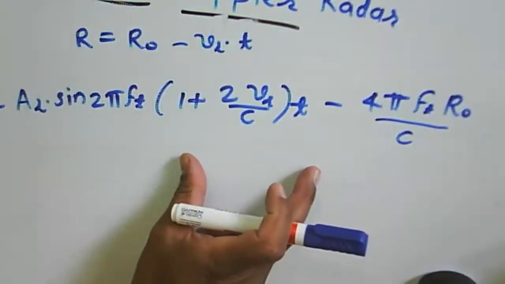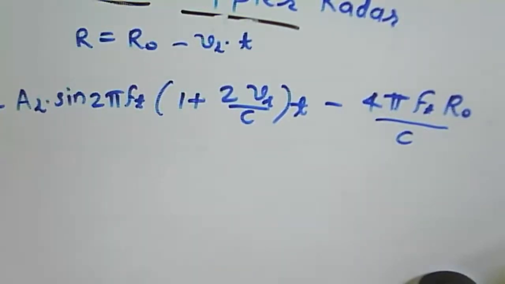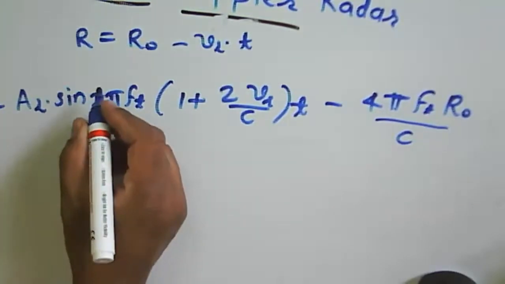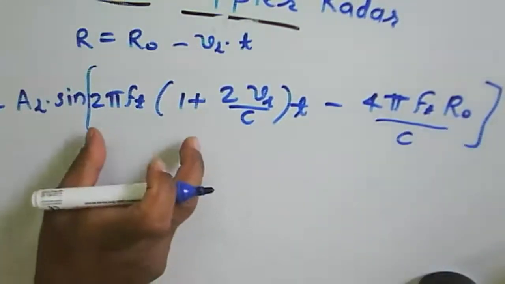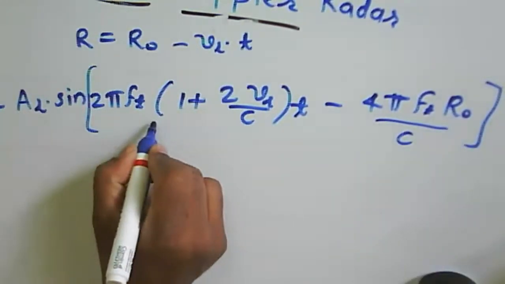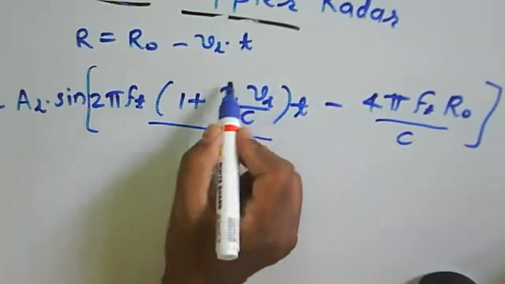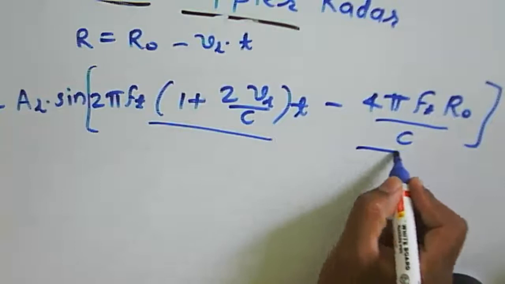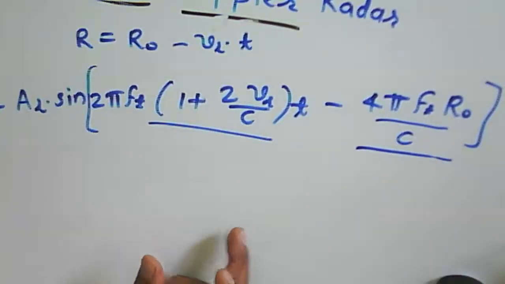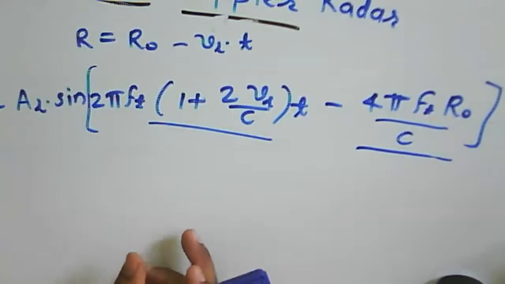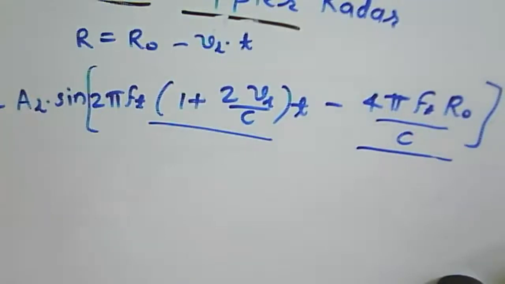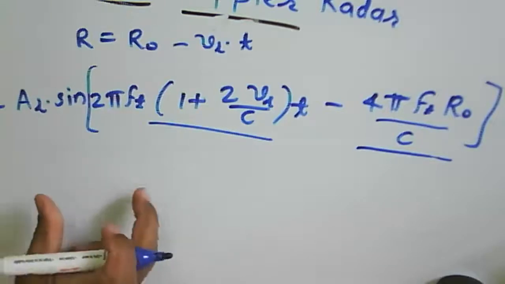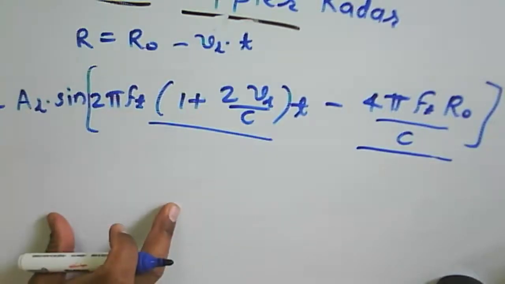So now in this case, we consider a sine of this one, and here ft into t, with respect to the transit time tr here, so this one we can write. Now in this case we can find out what will be the received frequency signal.